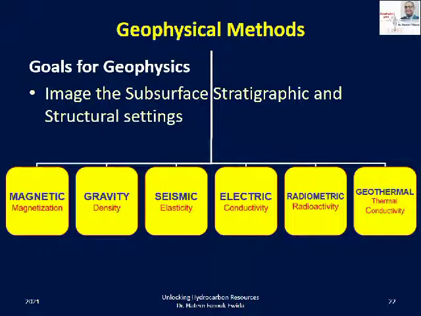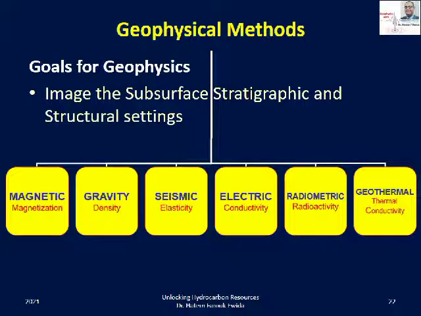So let's see what the known or famous geophysical methods are. We actually have more geophysical methods than that, but these are more or less related to hydrocarbon exploration. So we have the magnetic method, which depends on a physical property called magnetization. You know the magnet, as I will show you now.